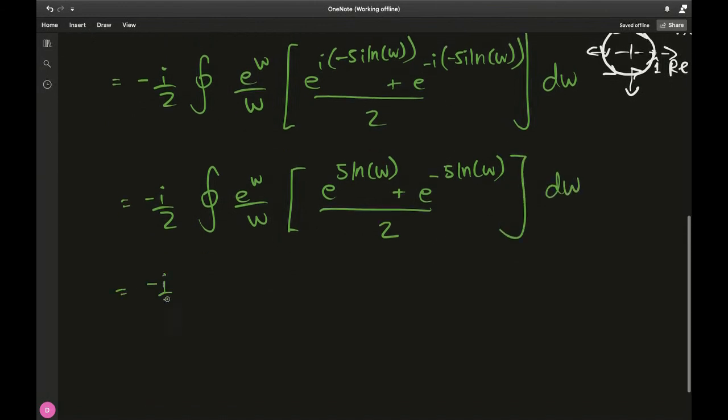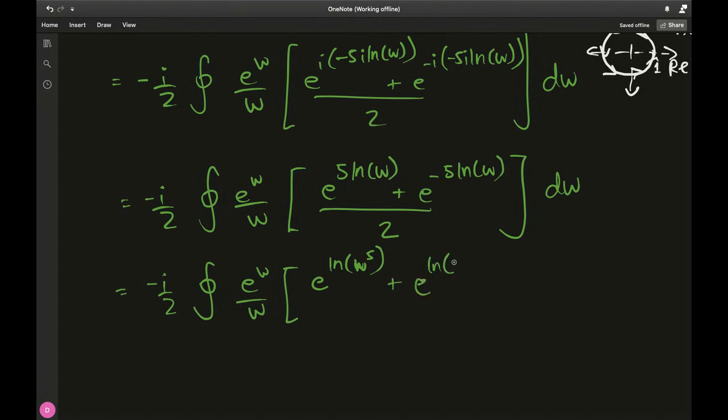Okay, so now I'm going to use some log properties on this exponential. So with e to the natural log of w to the fifth, instead of multiplying by a constant, I'm just going to raise the argument to the power of that using log properties, plus e to the natural log of w to the negative fifth power over 2 dw.